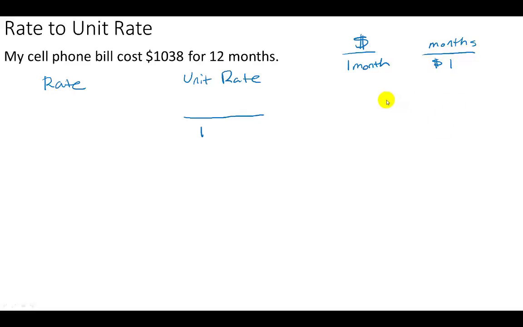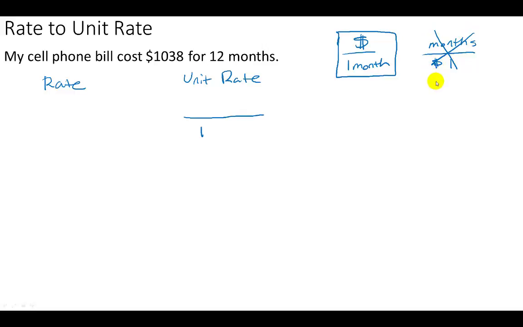If we're talking a cell phone bill costing some amount of money for 12 months, it makes more sense to figure out how much the cell phone costs for every month. Finding out the number of months for the phone to cost $1 would be part of 1 month, so that one is out.